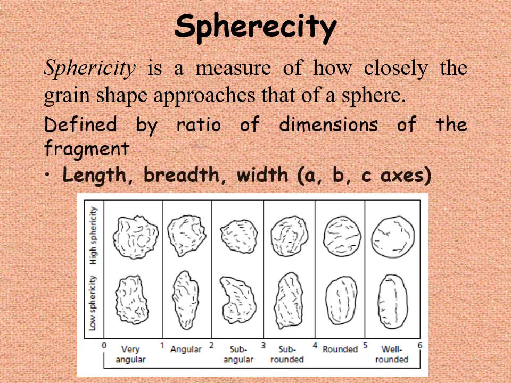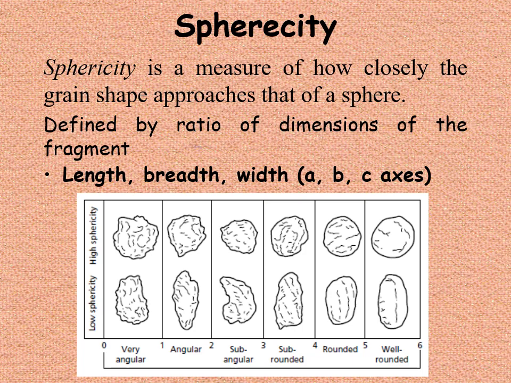So sphericity is observed in three dimensions. All the axes, that is length, breadth, and width, you have to see. For a perfect sphere, all these axes A, B, and C are equal in length. But for a non-perfect sphere, if you consider an egg or a rugby ball, the rugby ball is well rounded, but its sphericity is not high because it is not close to a perfect sphere, but roundness is high.